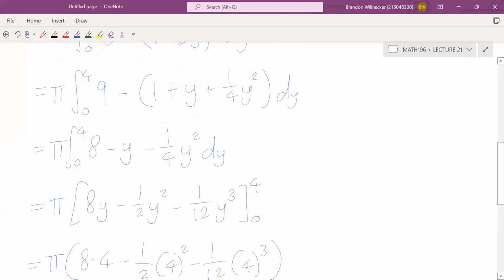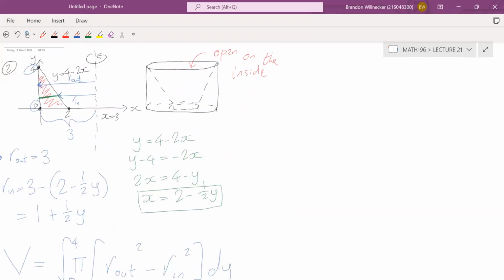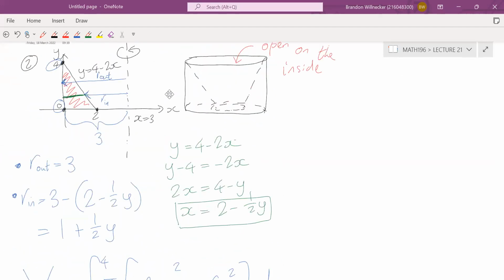Okay, so very similar to what we did last time. Just over here, it's a bit trickier because we're not rotating around the y-axis, we're rotating around a different axis. But the same thing applies. You still need to find the inner radius and the outer radius.